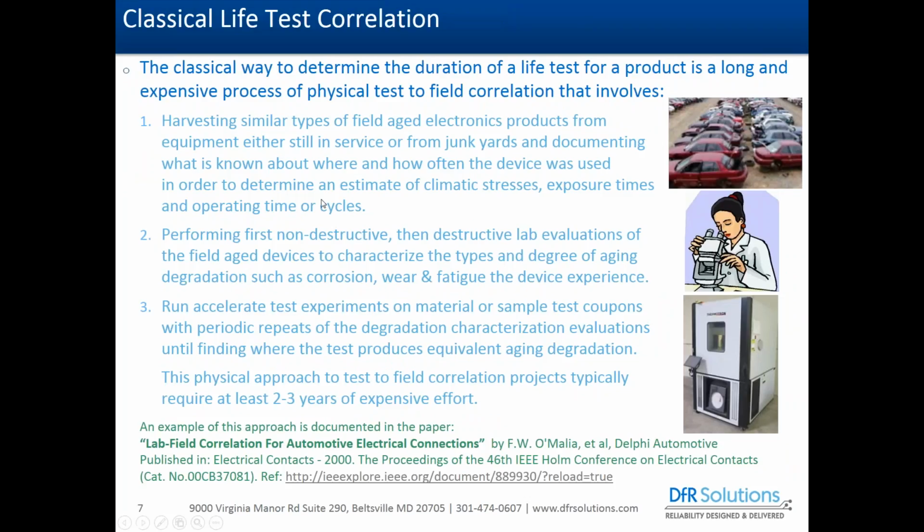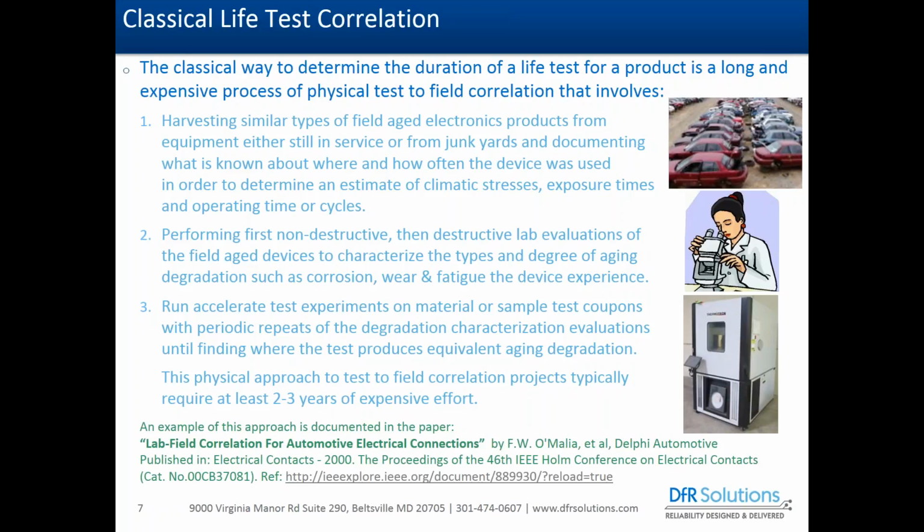Now, the classical approach to life test correlation, that I actually was involved in quite a bit at General Motors, it took us 2 years to get the information to qualify the environment that automotive electronics endured either in the passenger compartment, under hood, or in the chassis. And the way we did that was that we would start by harvesting similar electronic components from vehicles that had been in service for a significant amount of time.